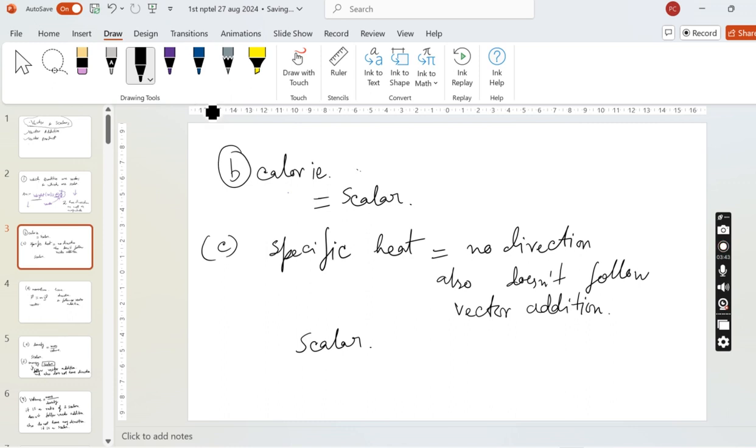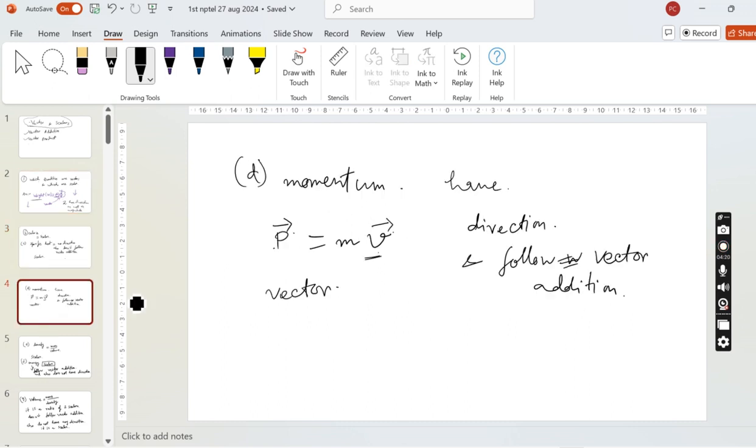How can we decide whether a quantity is a vector or a scalar? We decide that if it has a direction and also follows vector addition. Like you can say that electrical current has a direction, but we cannot call it a vector because it doesn't follow vector addition. So vector addition is equally important.